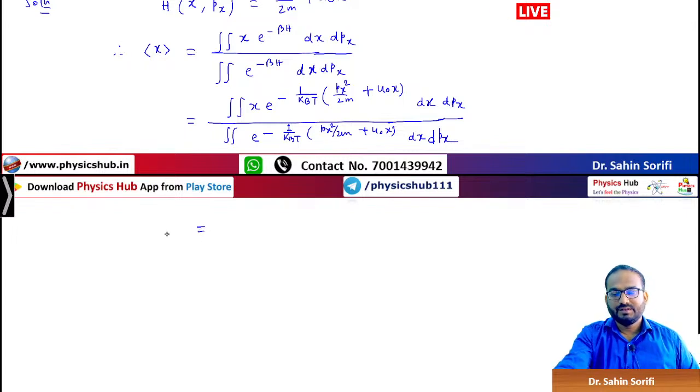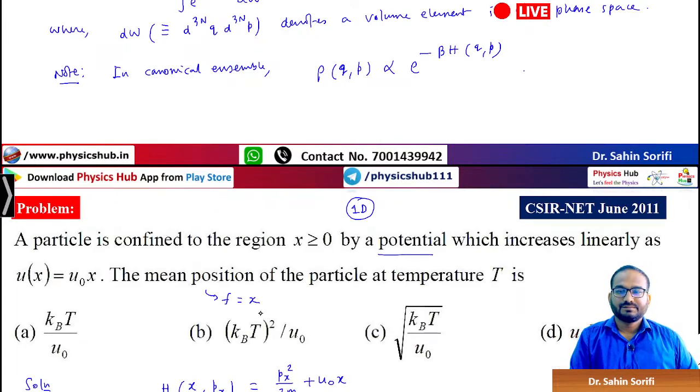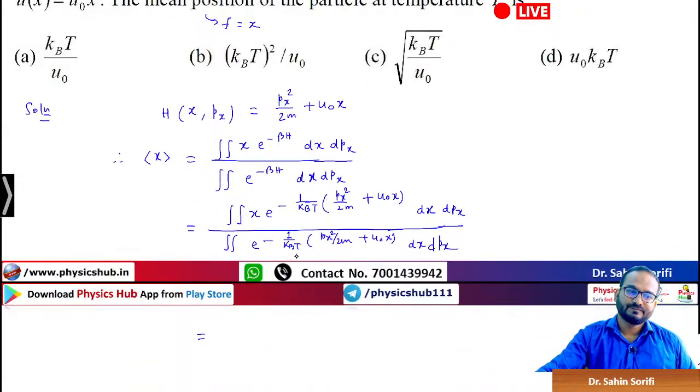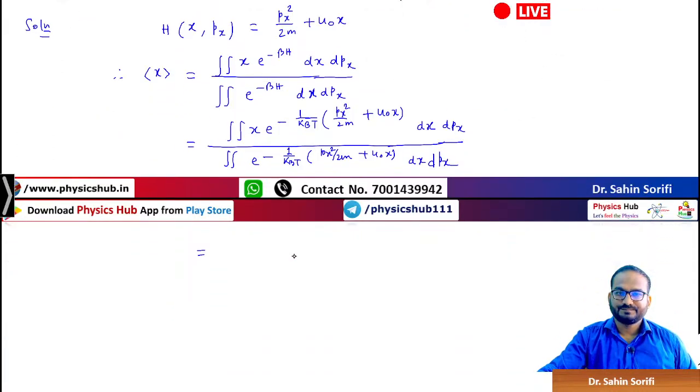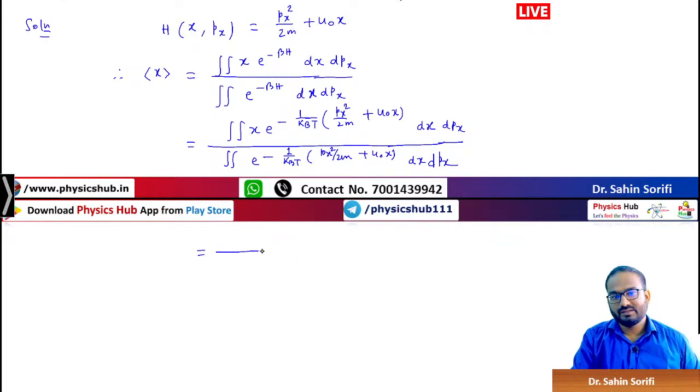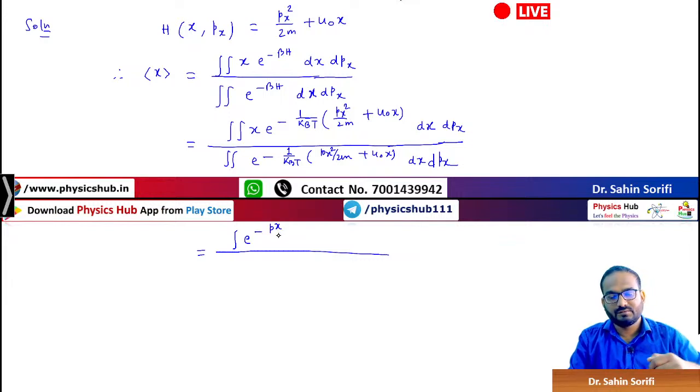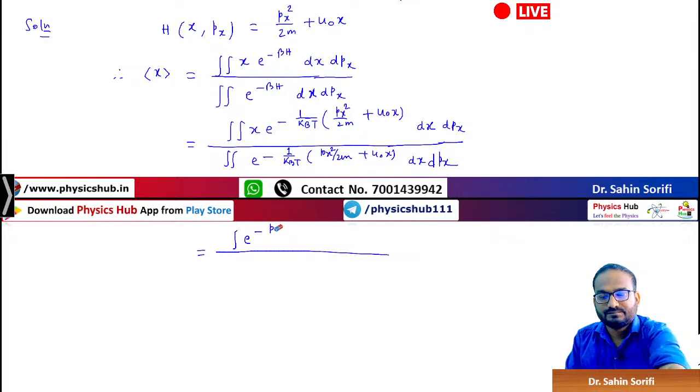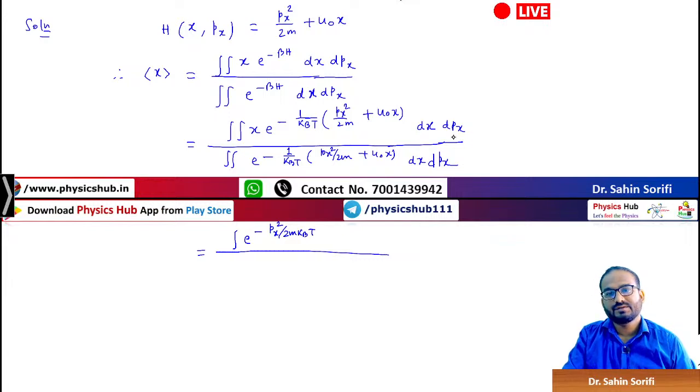This is equal to, you can see the condition x is greater than or equal to 0, so we can write it in this way. Let's consider the p part first. Integration of e to the power minus px square divided by twice m kT into dpx.